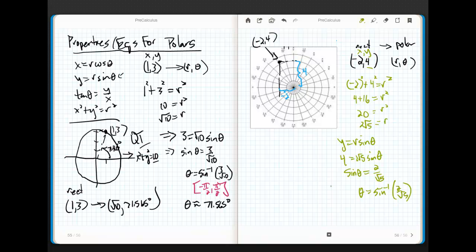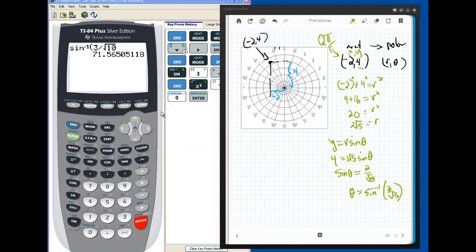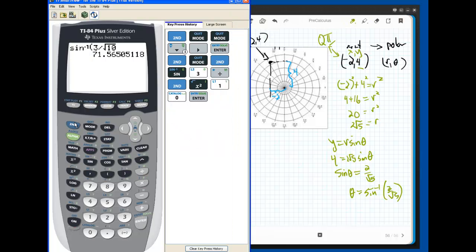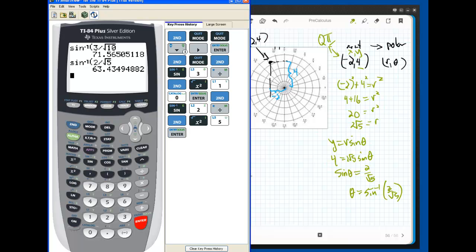All right, so watch what happens. I'm in quadrant 2. I know this for sure. I know that this guy lives in the second quadrant, right? This guy right here. But here's a problem. When I hop over to my calculator and I take the inverse sine of 2 over root 5, and I hit enter, what do I get?